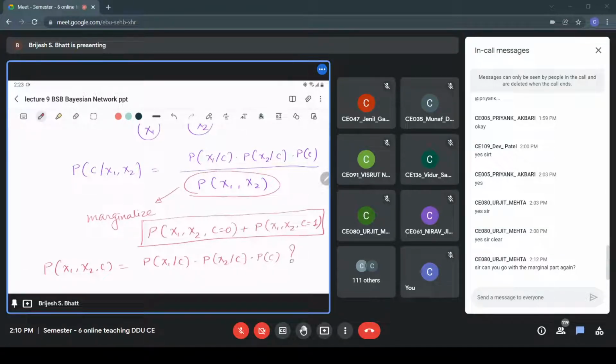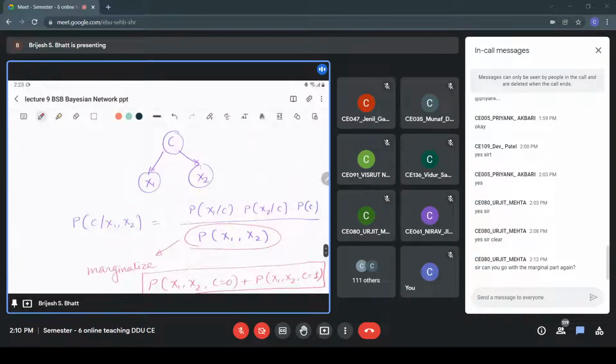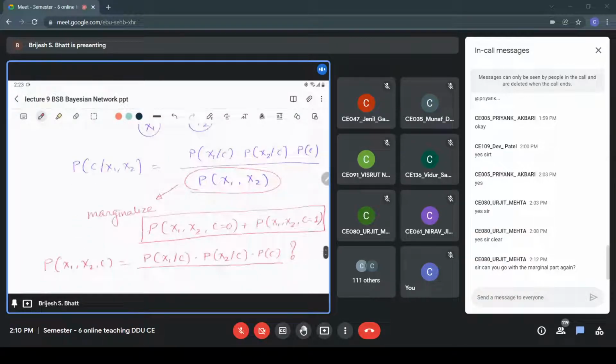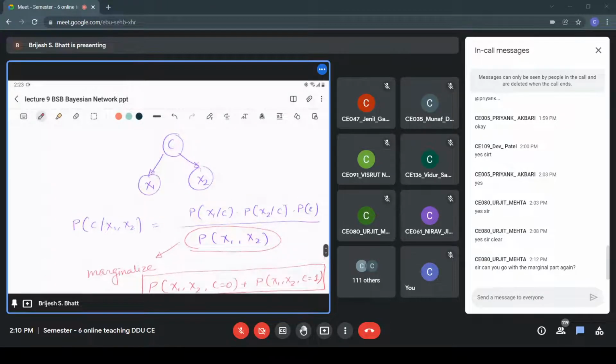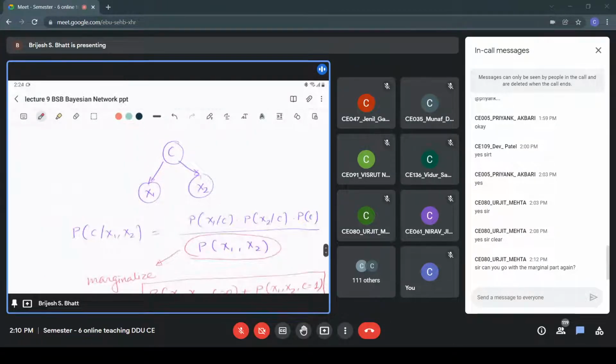And why? I said to look at this graph and see that x1 depends on c, and x2 depends on c. That's why it is something like this. But now we have a procedure to calculate this dependence. Now the question we ask is: is C marginally independent?